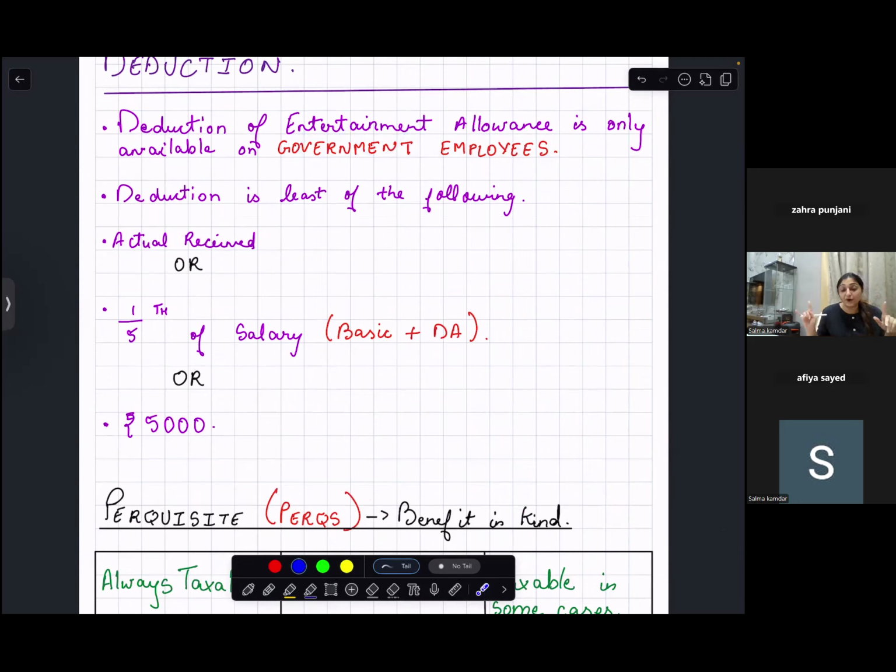You have to read properly whether your assessee is a government employee or a non-government employee. So entertainment allowance is for government employees only, and the deduction is the least of the following. It is the actual amount received or one-fifth of the salary. One-fifth of the salary is also like 20% of the salary.